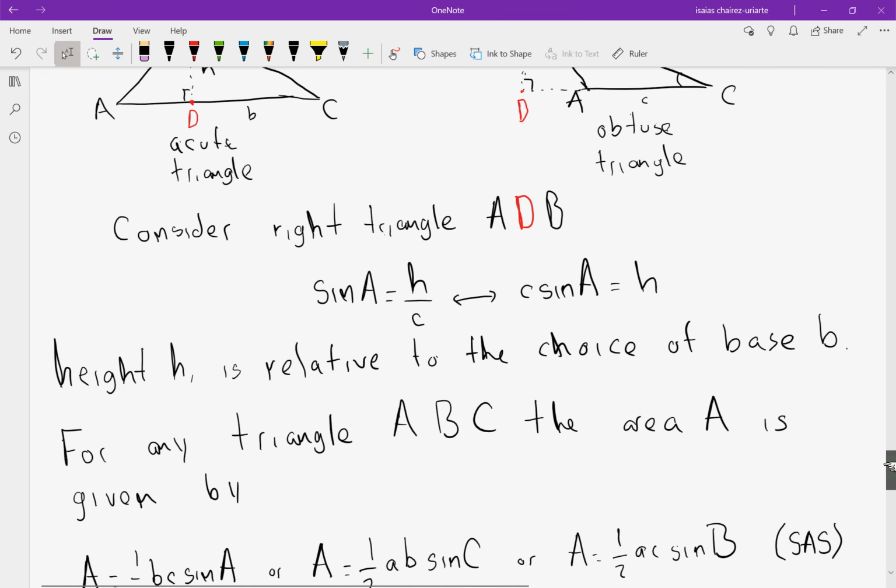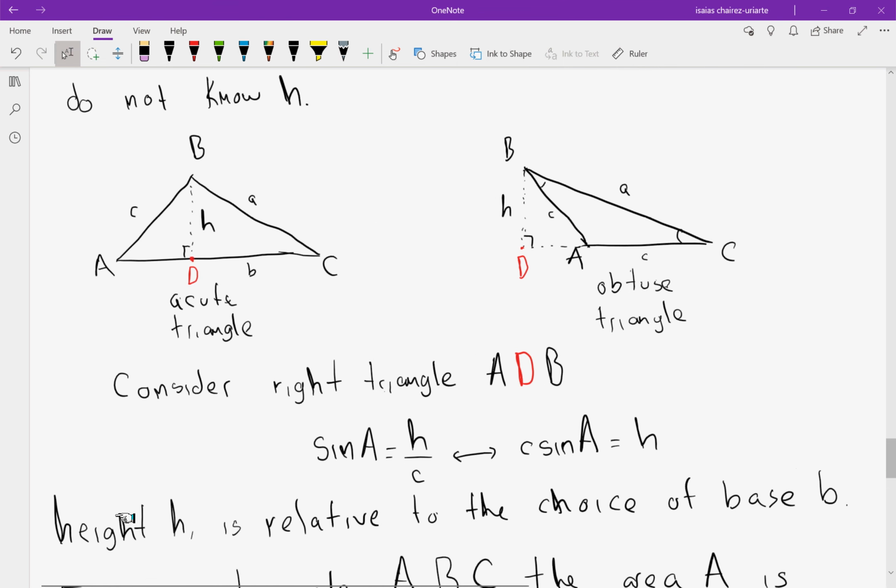Alright, and so one thing to think about here is that the height is relative to the choice of the base. So for instance, if I chose my base to be this side length C, well then my height would be some perpendicular line to it. If I chose my base to be side length A over here in this picture, then my height would be some perpendicular line to my base.